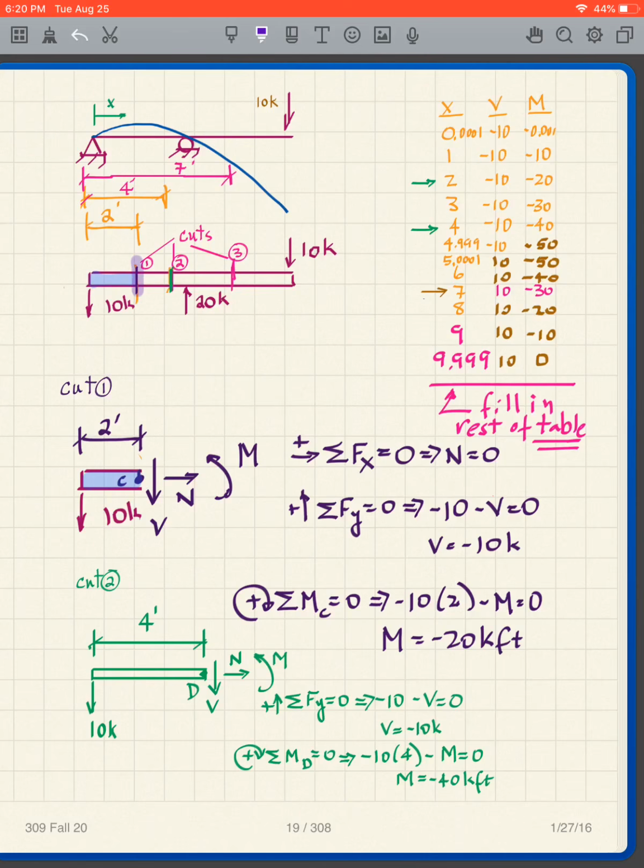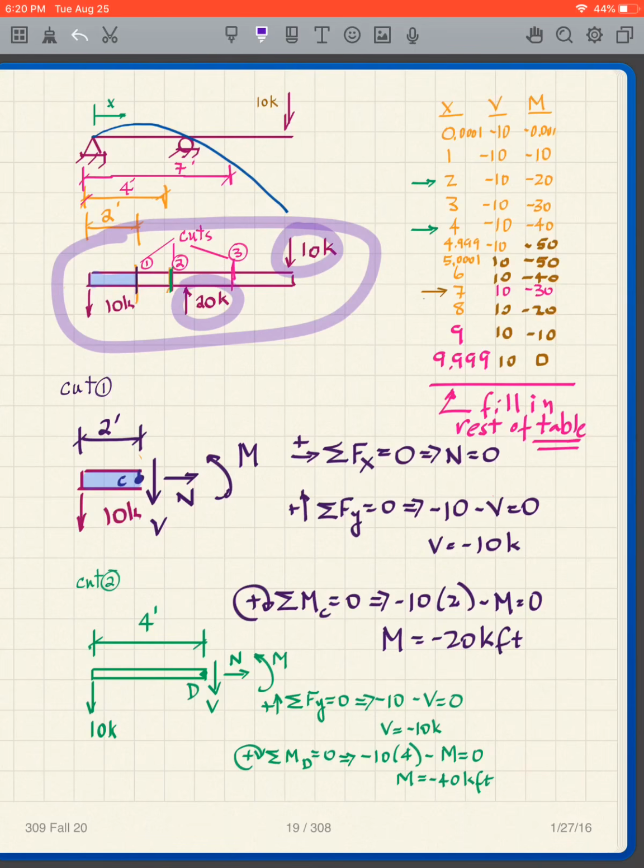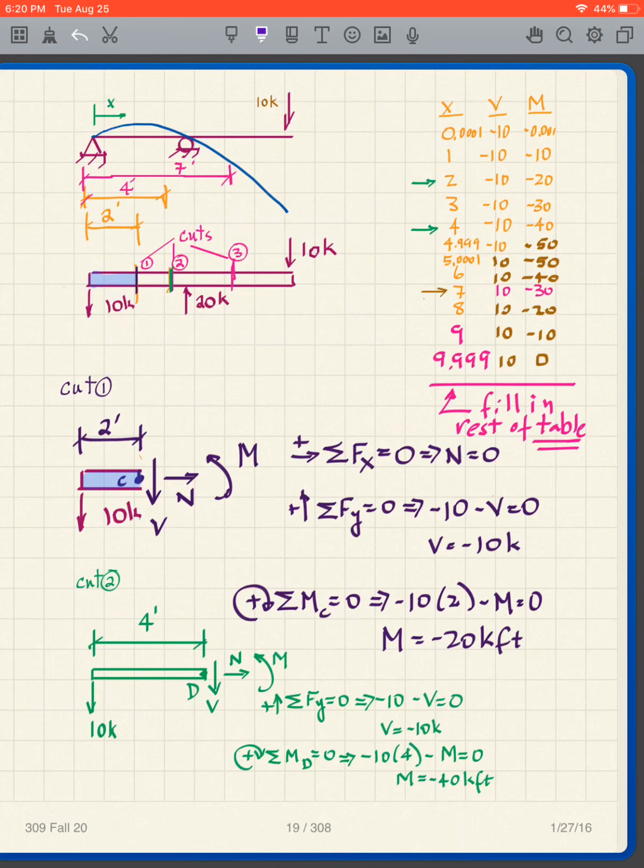So here's my final free body diagram. I've got the 10 kip load, I've got the 20 kip reaction, I've got the 10 kip reaction. And once I've created that free body diagram, which you can all do now, I'm now going to make a cut here. In this particular case, I'm going to look at the right side and create that free body diagram.